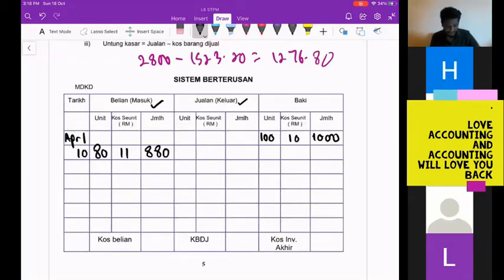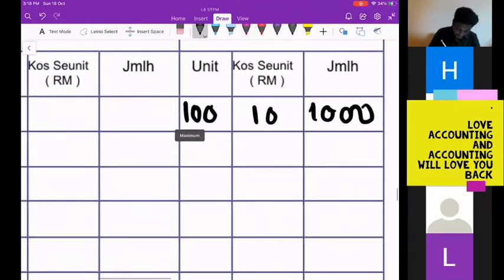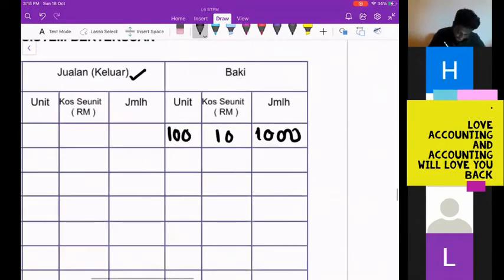So, baki. Baki is very important. I have 100 unit, which the cost is 10 with me, which the total cost is 1000. And now I have another one, 80, which the cost is 11.